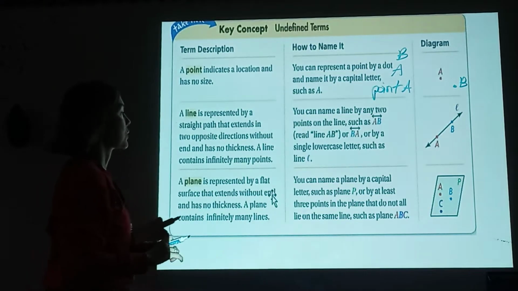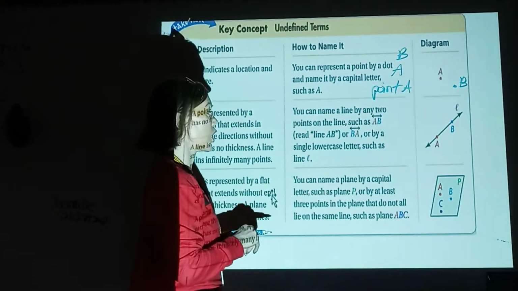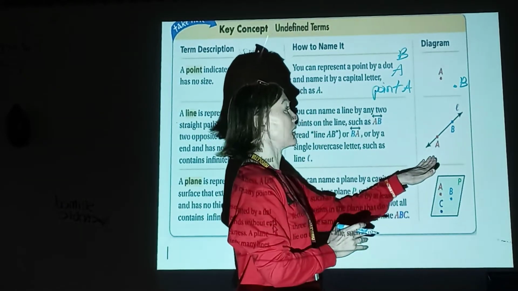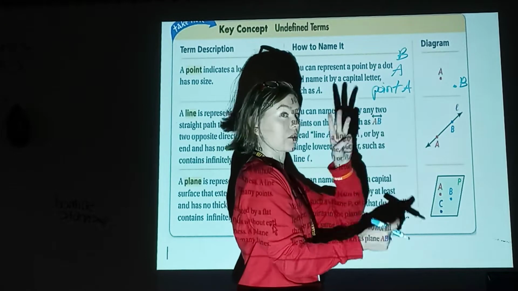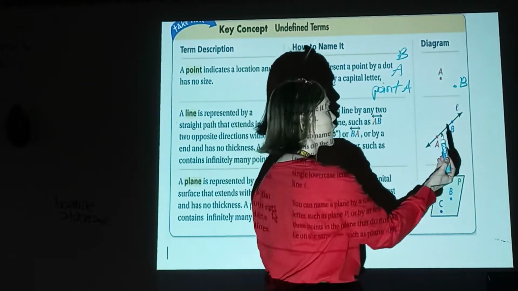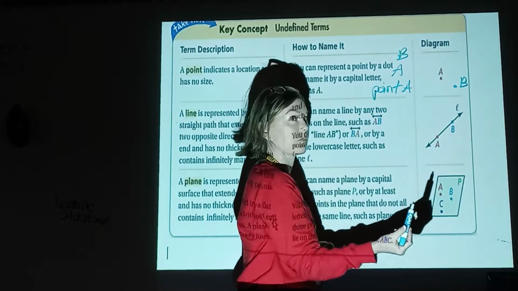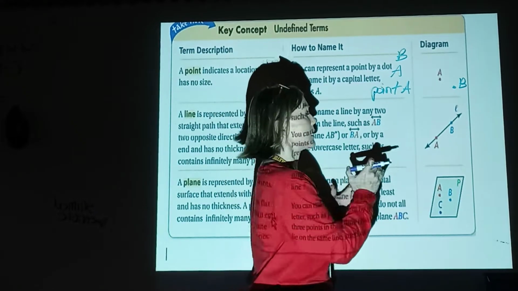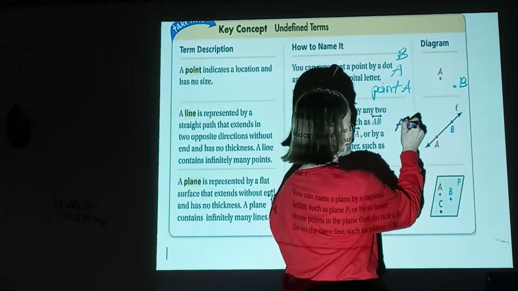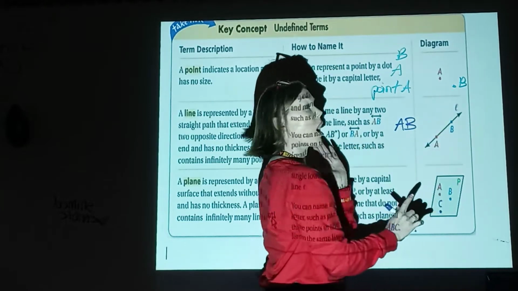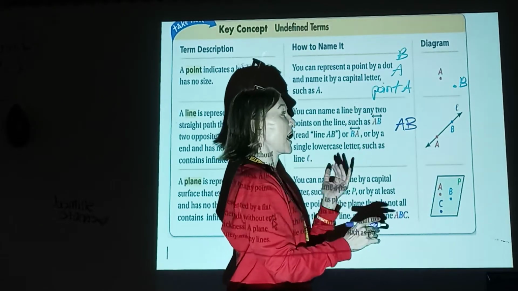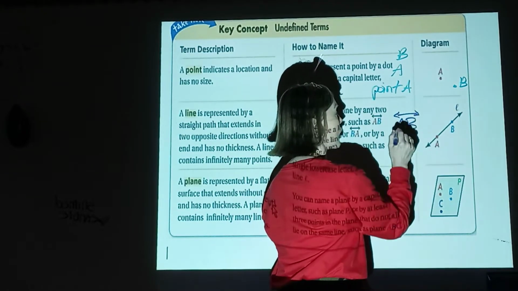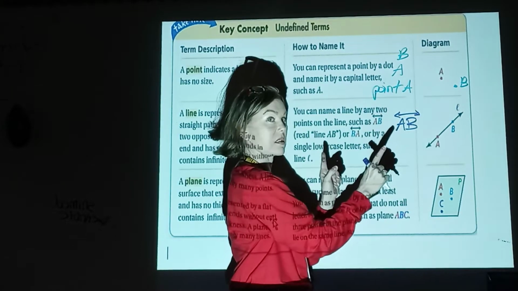So now here we have a line, okay? A line is represented by, there's three ways that we could write this line. You're going to have to use 2 points on the line, okay? So let me write this in darker color, okay? So this is line. You're going to write AB. You're going to use the 2 points that are on the line to write it. And then above those letters, you're going to draw a line with 2 arrows on both ends of it, okay?